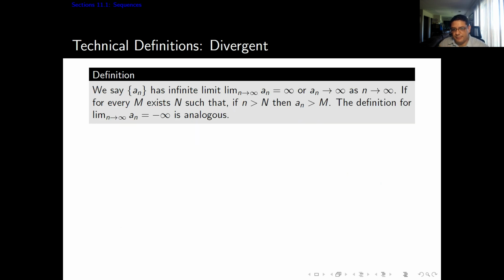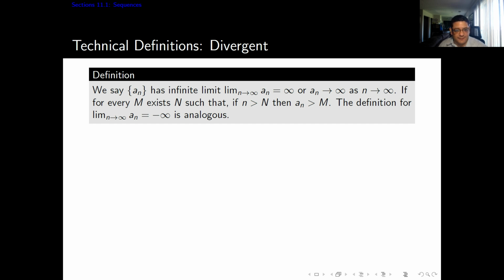Now, in terms of divergence, if the limit of the sequence is infinity or minus infinity, or it doesn't exist, then we're going to say that the sequence is divergent.